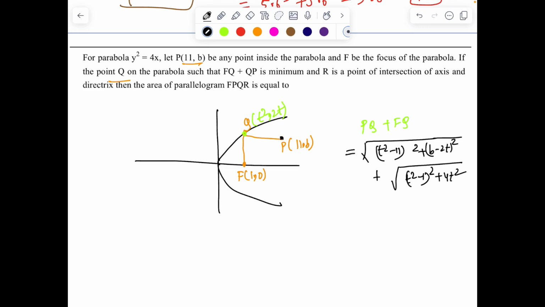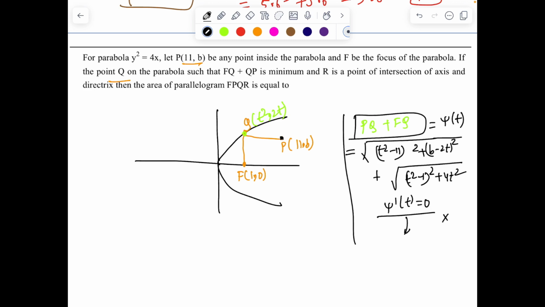In fact, b is also variable, but for a particular b it depends on t. So this is a function of t, let's say psi(t). From here I can differentiate, set psi dash t equal to 0, and get a value of t in terms of b, but that will be extremely lengthy, right? So this is not a very good approach. Of course you can get the answer, but it's not a good approach.